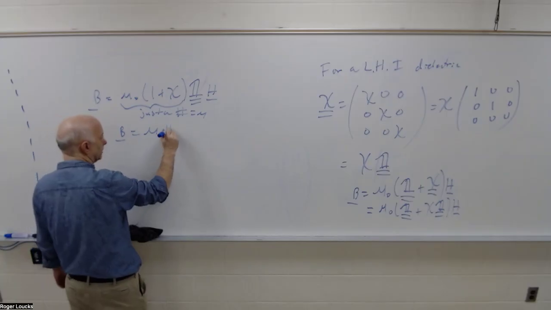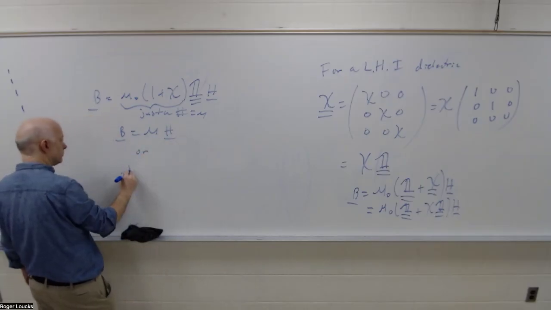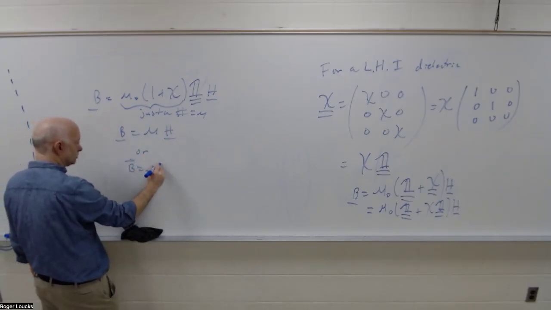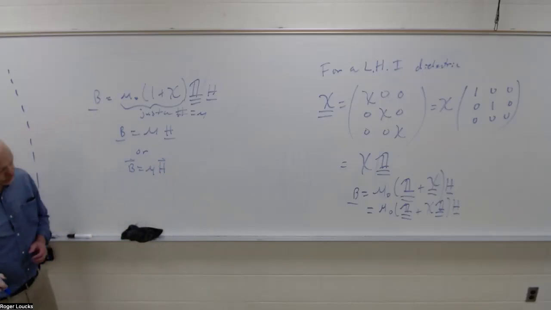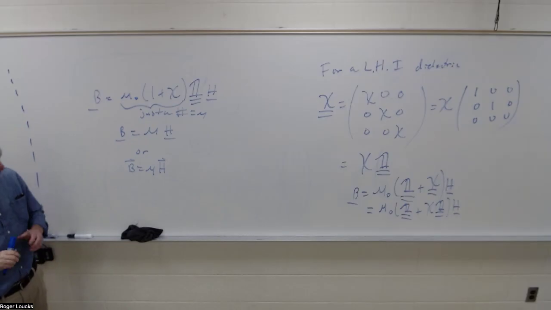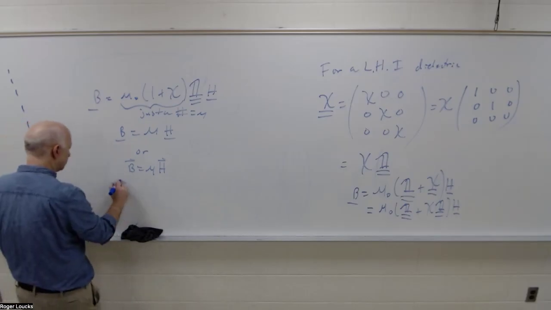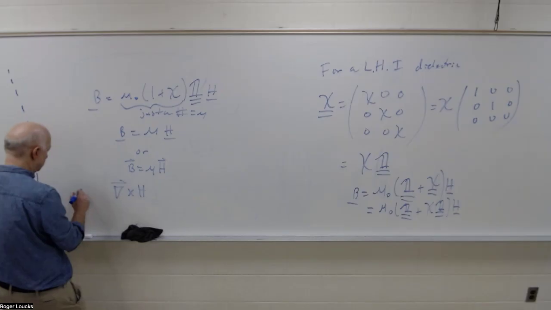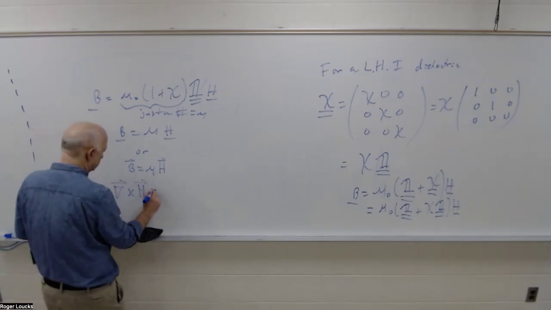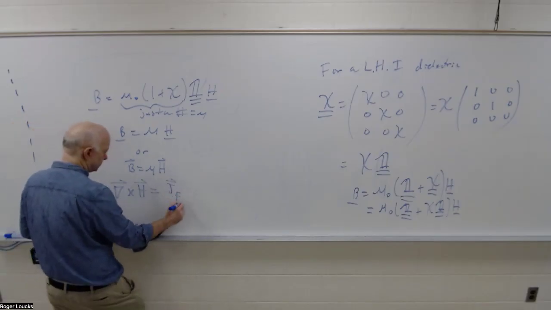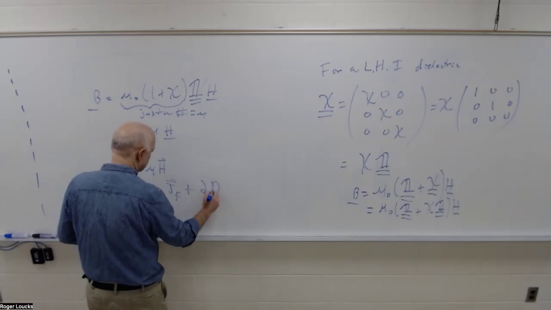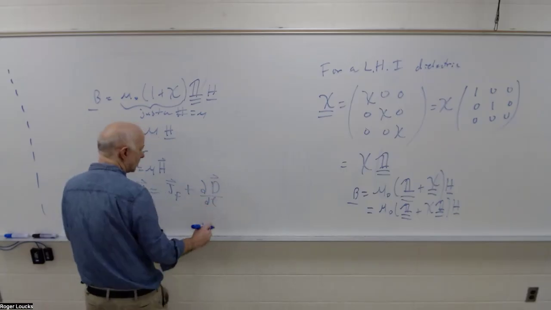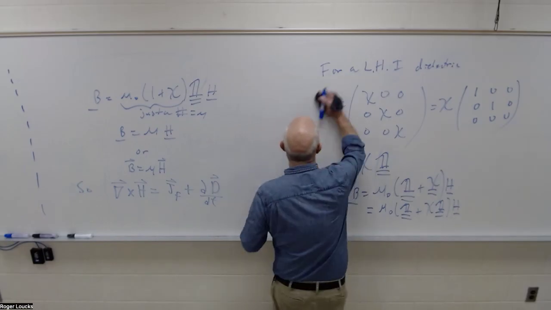So this is just mu times H, or B equals mu H. So then what happens to our buddy here? What does that go down to?